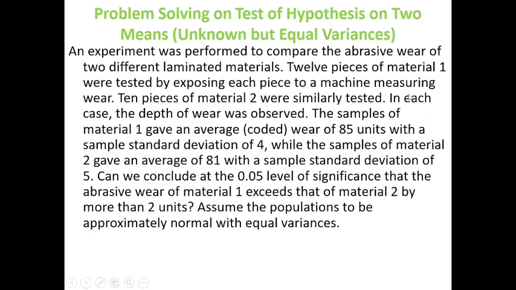In each case, the depth of wear was observed. The samples of material 1 gave an average coded wear of 85 units, with a sample standard deviation of 4, while the samples of material 2 gave an average of 81 with a sample standard deviation of 5.